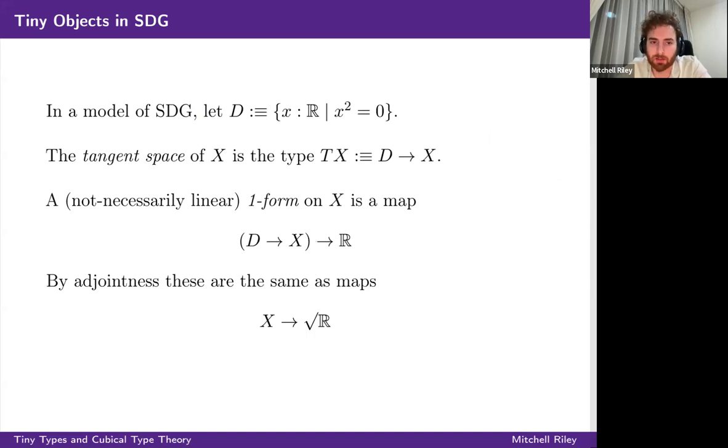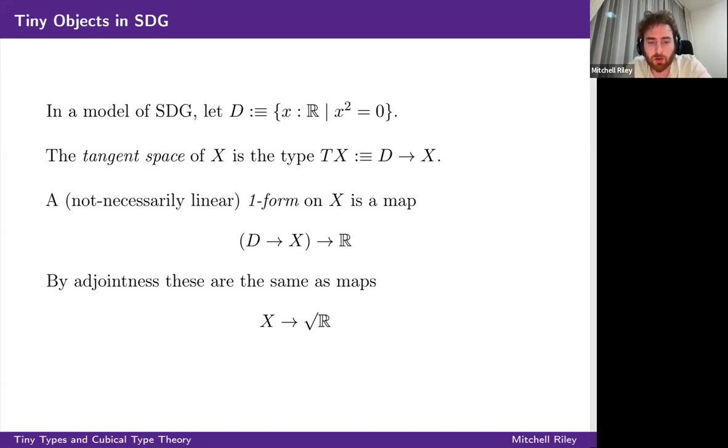If we map from this infinitesimal disk into some other type, some space, we think of it as picking out a point, which is where zero goes, and then also choosing an infinitesimal direction around that point, which is where the fuzz goes. So the tangent space corresponds to just the ordinary function type from this infinitesimal disk into the space that you're interested in.